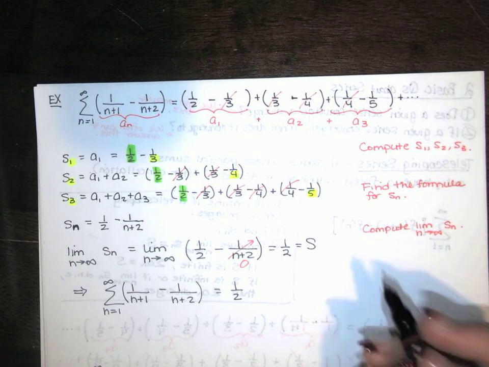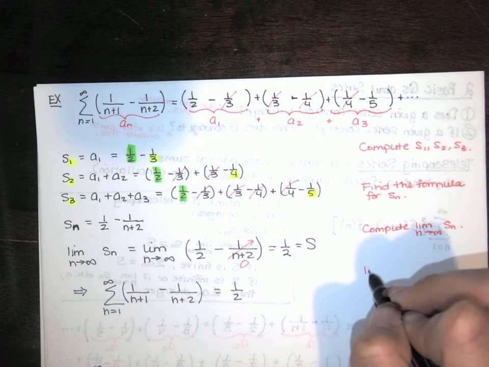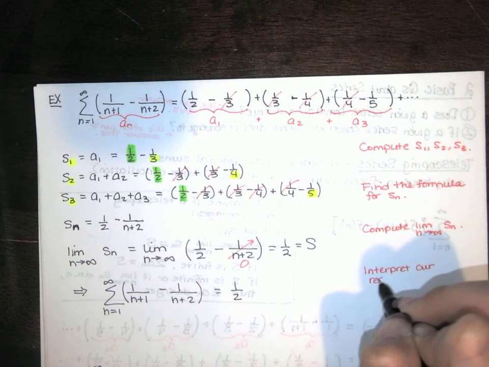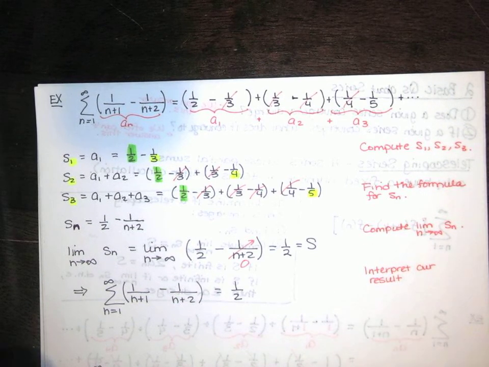So we computed that limit since it was finite. We interpret our result either as a sum of the series, or we say that the series diverges if the limit does not exist.